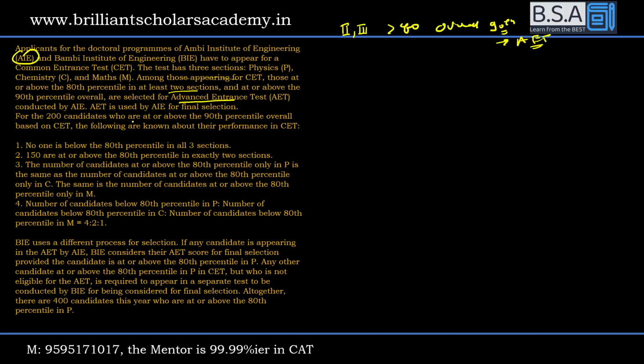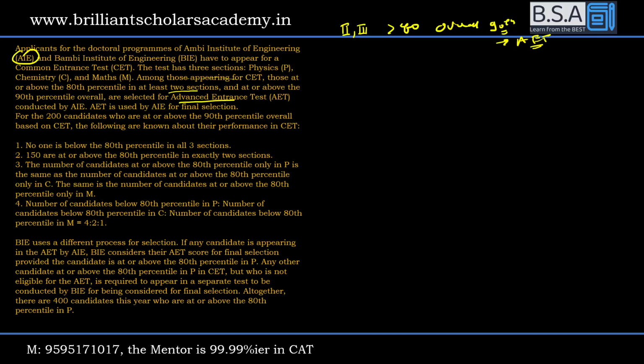For 200 candidates who are at or above 90th percentile overall based upon CET, following are known about their performance in CET. No one is below 80th percentile in all three sections. 150 are at or above 80th percentile in exactly two sections.